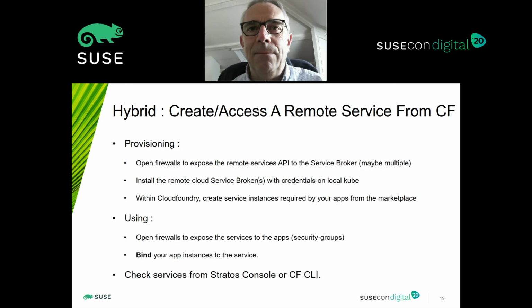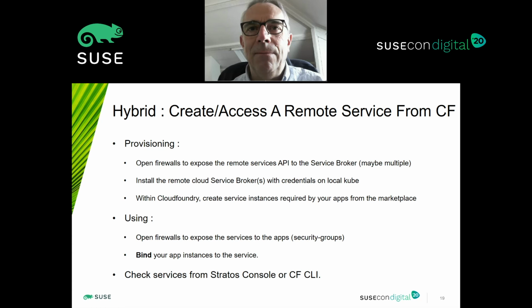To create and access a remote service from CF, going through the service broker, you have two phases. The first phase is the provisioning, where you have to open a firewall to expose the remote service API to the service broker running on your Kubernetes cluster. You have to install the remote cloud service broker with a credential.